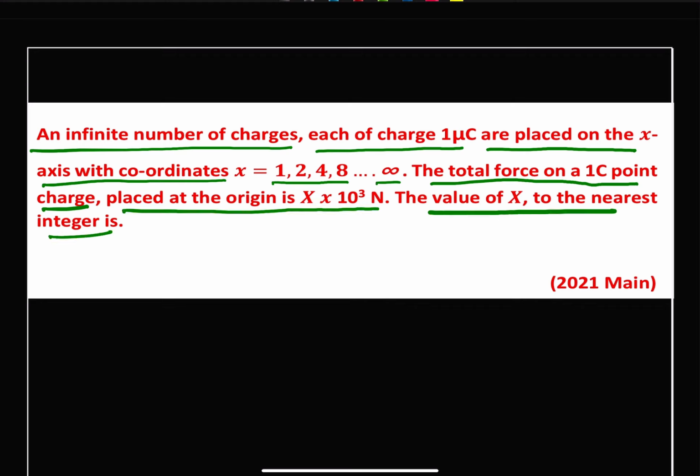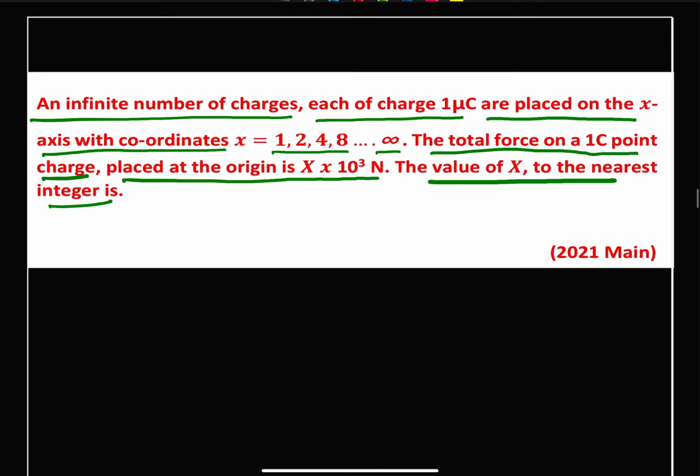So we are given that the charges are placed along the x-axis, and suppose this is the origin. Okay, so a 1 coulomb charge is placed at the origin.